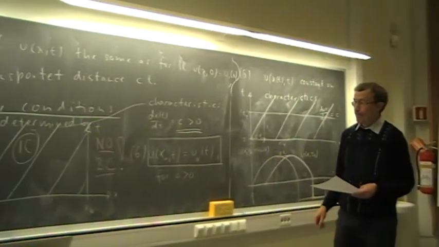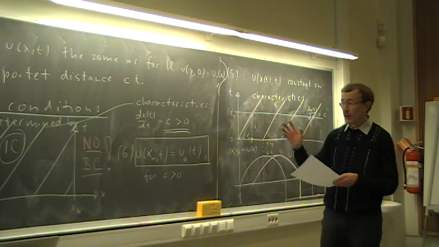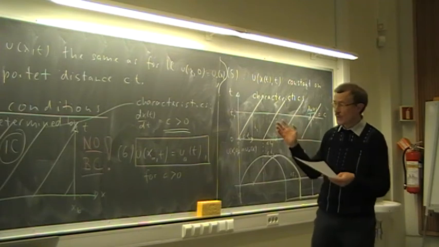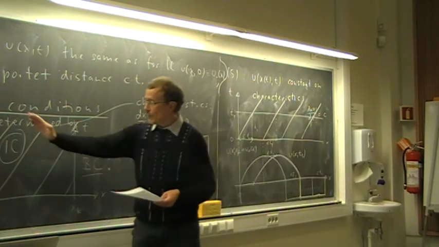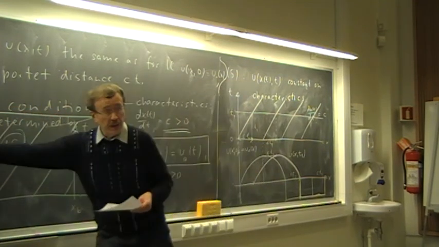As I said in the exercise, you will think the other way round. You will look at a situation when c is negative. Then it is just the opposite: the characteristics will go this way, and boundary conditions must be given here, but not there.